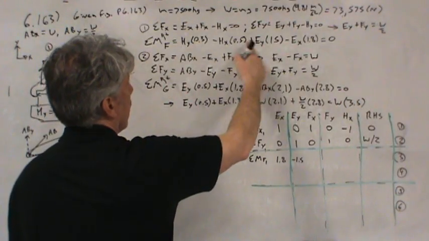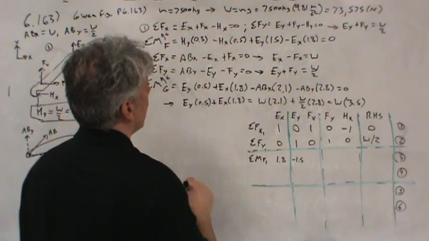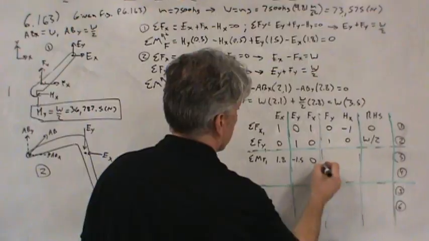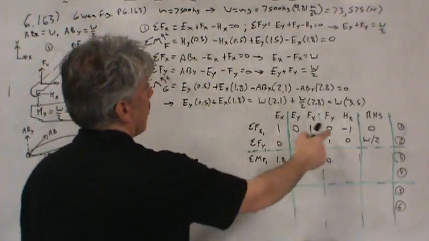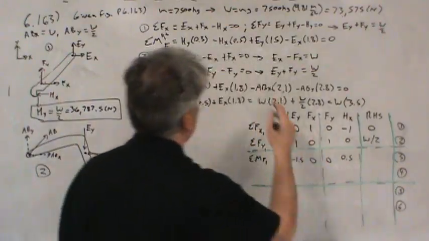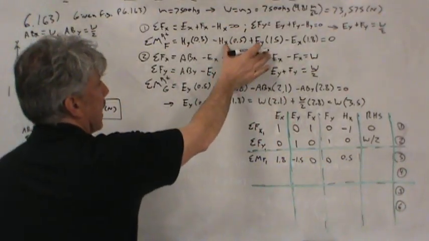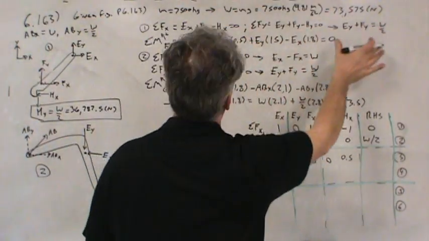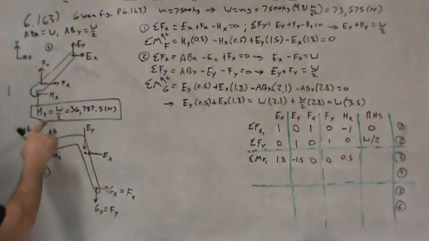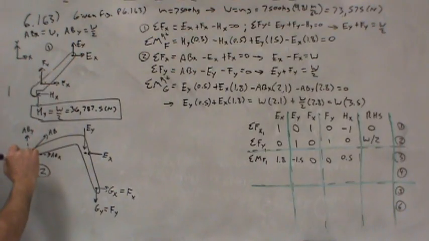Right? There's no Fx, no Fy. But Hx has a positive 0.5 factor. Remember, I'm flipping all these signs. And the reason I did that is because I decided to take all this to the other side to leave myself with Hy times 0.3, because I already know that Hy is W over 2.